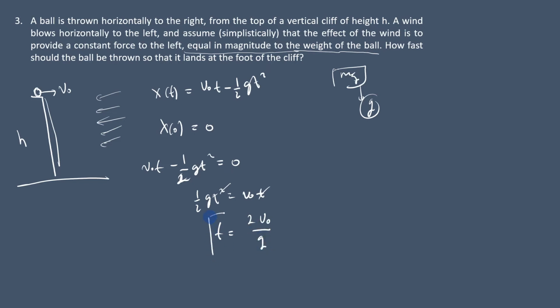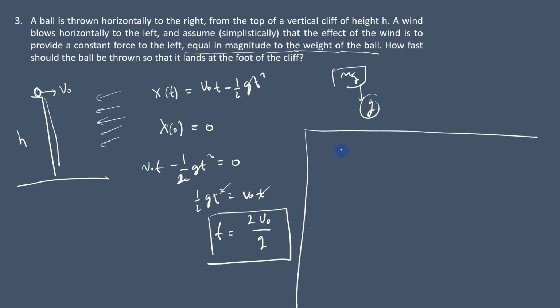The time to hit the ground is given by the equation of the vertical motion, like this: h equals v0y t plus 1/2 g t squared, and v0y is 0.